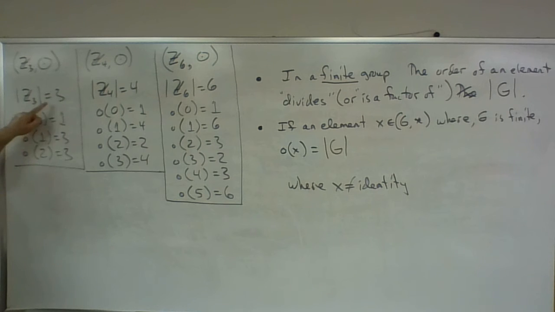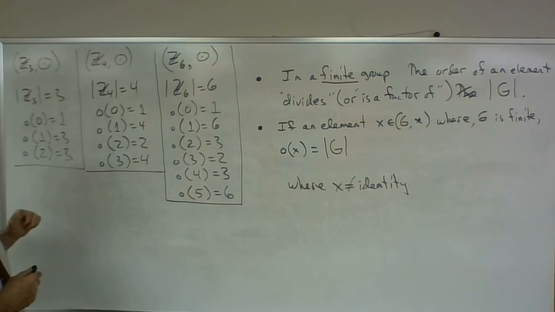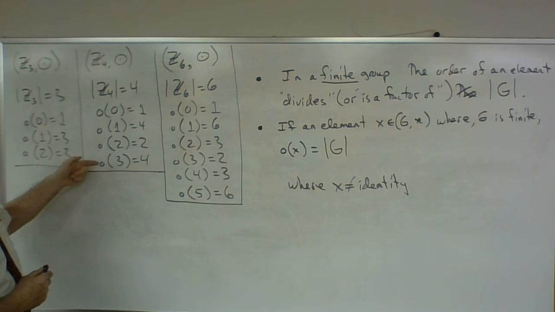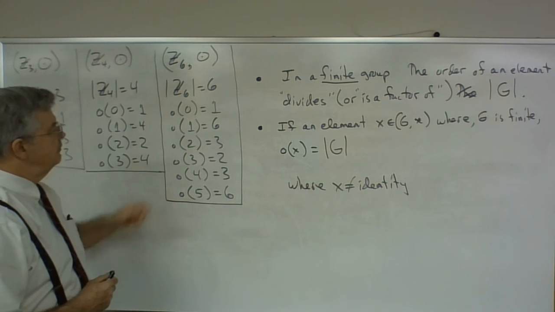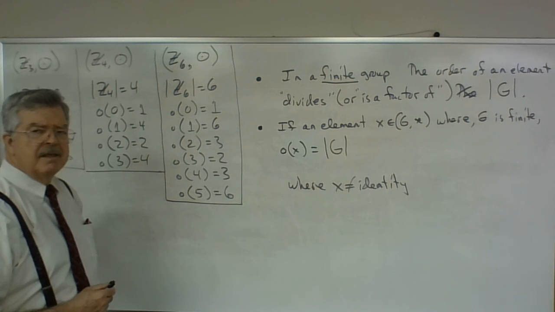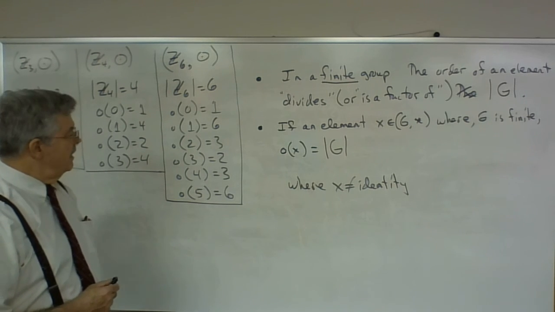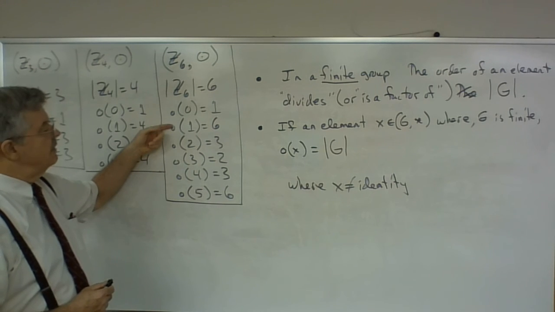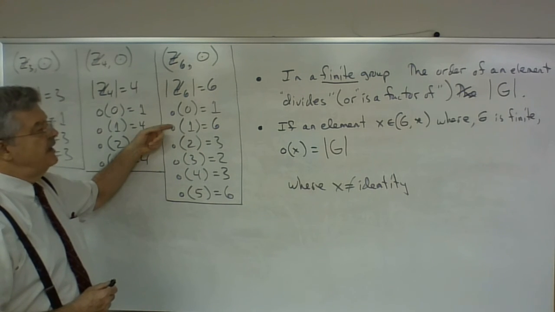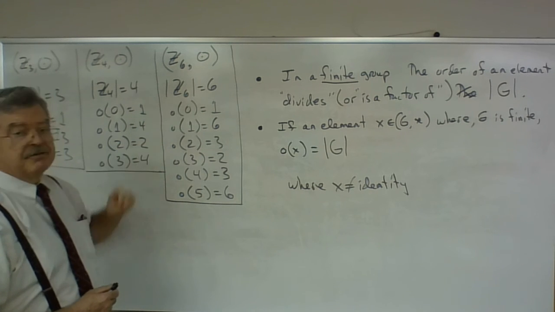But let's see, in Z3, the order of the non-zero elements is always 3. In Z4, those elements that also have order 4 are 1 and 3. In Z6, the elements that also have order 6 are 1 and 5. Do we see the connection? 1 and 5, these are exactly the elements that have as their greatest common divisor with 6, 1.